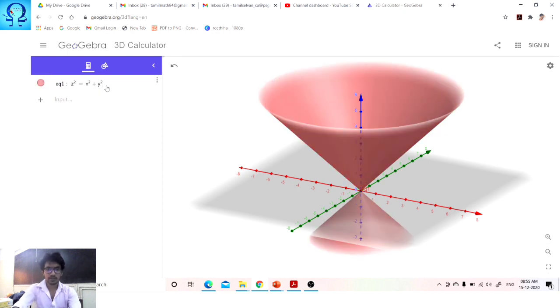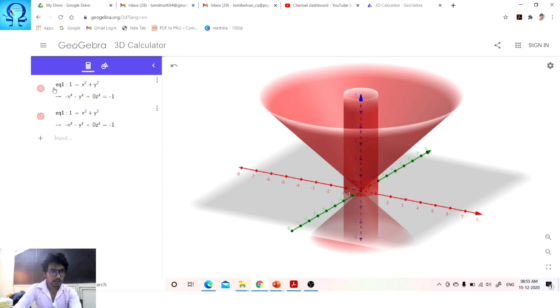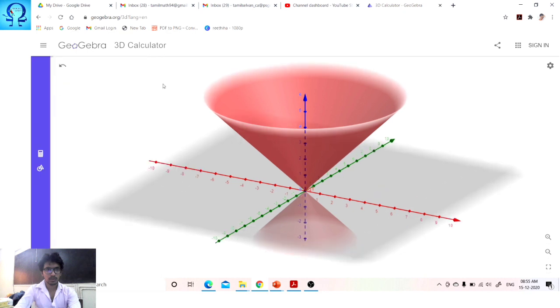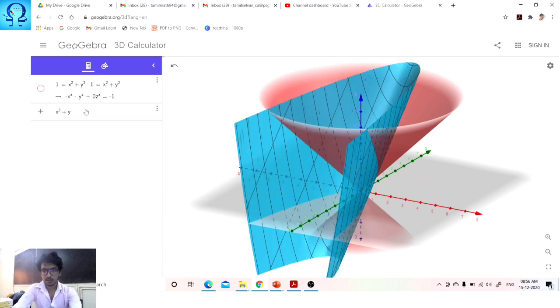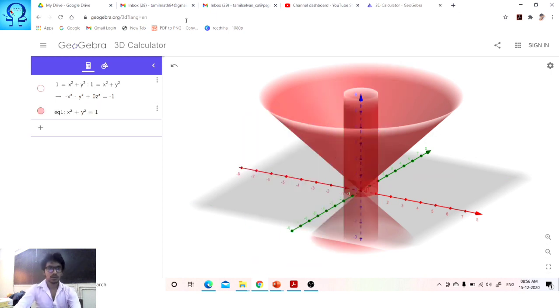So first what we have is x squared plus y squared equals 1.